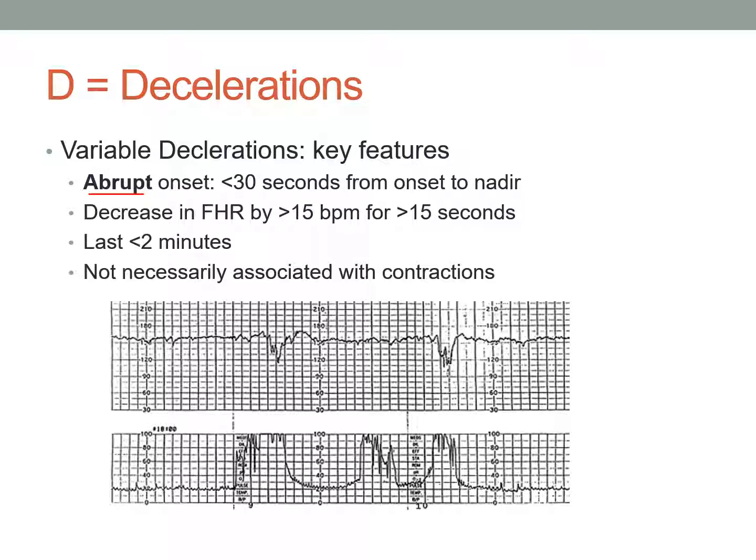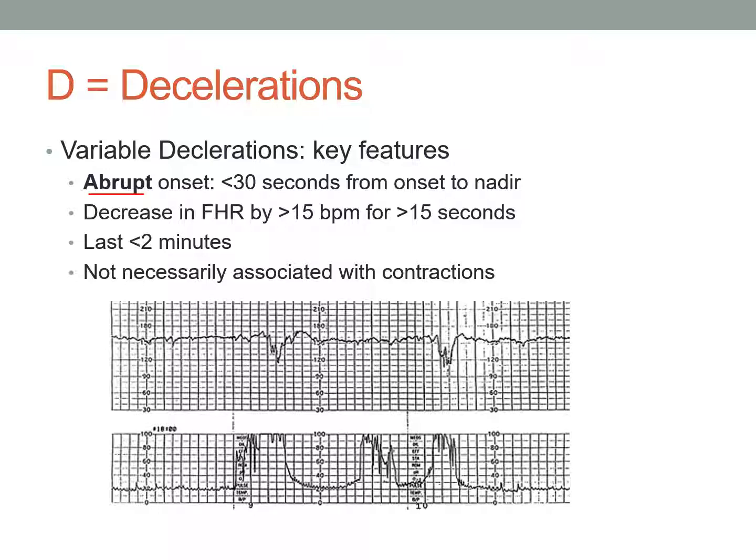Now you'll notice in early decelerations, there was not a requirement for how far or for how long the heart rate needed to decrease. Variables need to go down by at least 15 beats for at least 15 seconds to be considered a variable decel. A variable decel needs to last less than 2 minutes. If it's greater than 2 minutes, then it is a prolonged deceleration.